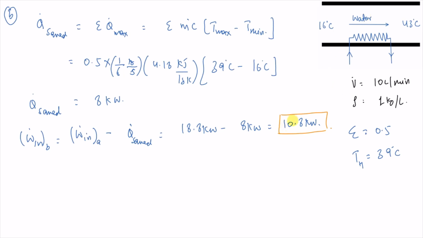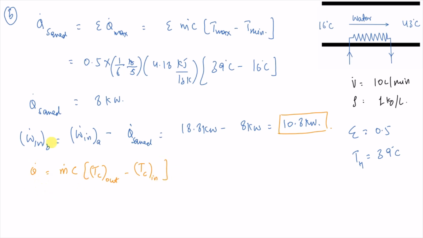Now next we'll be calculating the temperature outlet, basically the temperature of the water at the exit of the heat exchanger. For that we'll be using our heat exchanger as our control volume. So we can say that Q dot is equal to m dot C (TC out minus TC in).